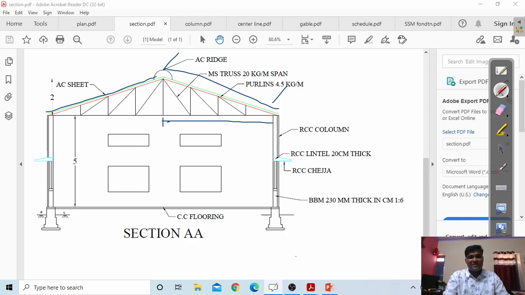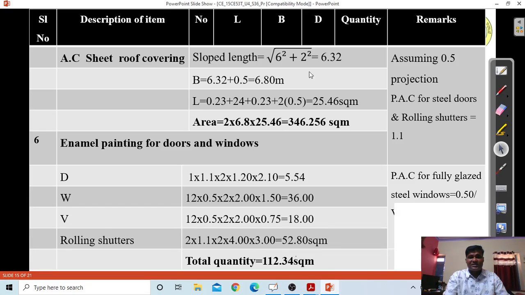From here to here it is 6 meters, and this is 2 meters, and then it becomes the hypotenuse. For the hypotenuse the formula is the root of 2 square plus 6 square, which will come to 6.32 meter. Again, there is a projection of 0.5 meter on both sides, so it will come to 6.8 meters.